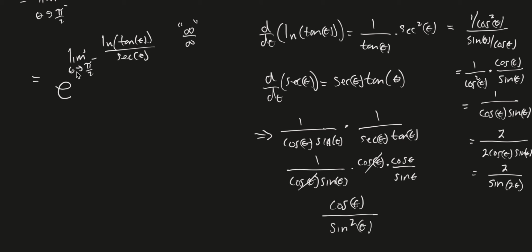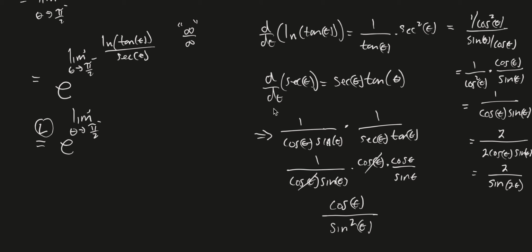So when I apply L'Hopital's, we'll have e to the limit as theta approaches pi over 2 from the left. When I take the derivative of the top, I get this form, which I rewrote in several different ways here. Then I used this particular form, and the derivative of the bottom is secant theta tangent theta.